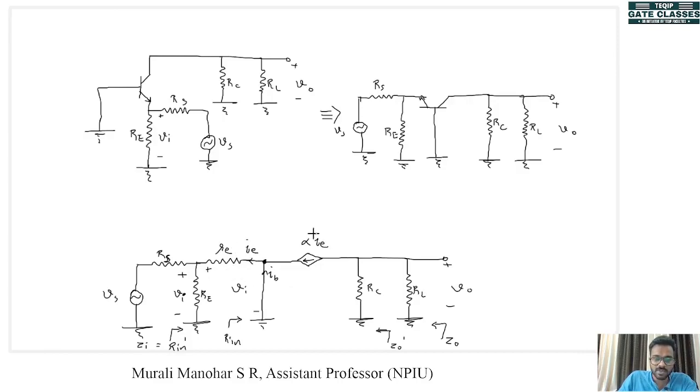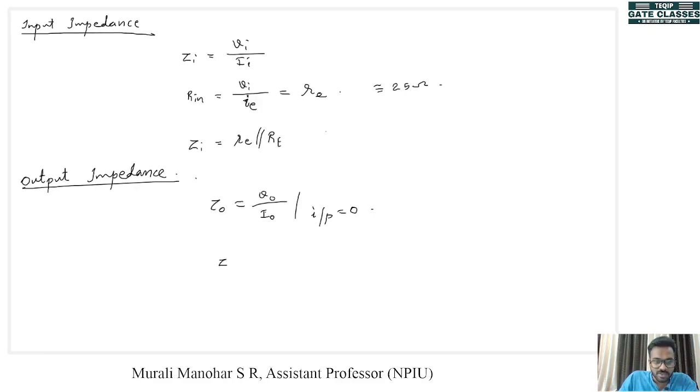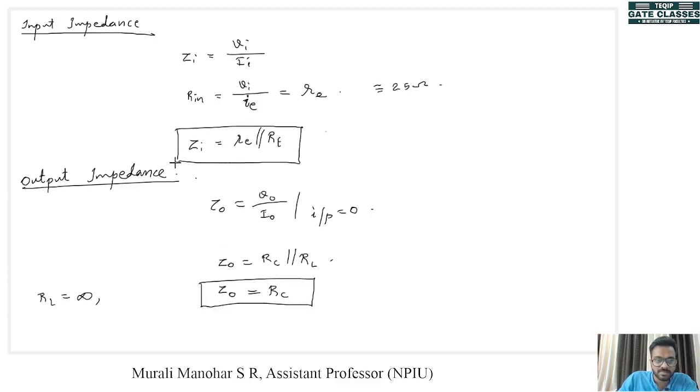If I is equal to 0, alpha I is equal to 0, which means across this we will have an open circuit. Looking from here, there are two resistors, RC and RL, in parallel. So Z out will be equal to RC parallel RL, and if RL equals infinity, that is, if the output is open, then Z out will be equal to RC. So this is Z out, and this is Zi.